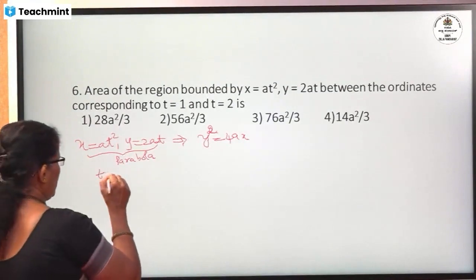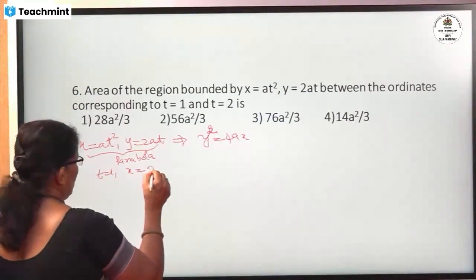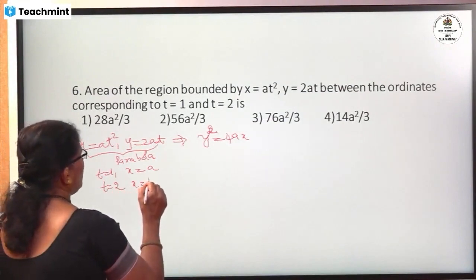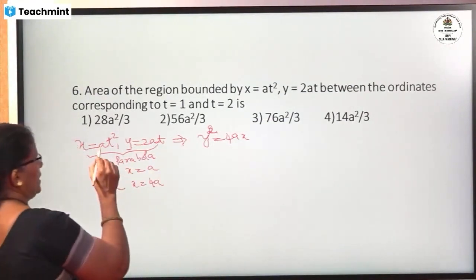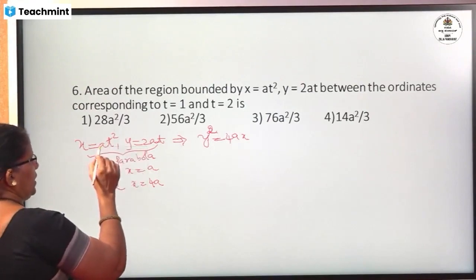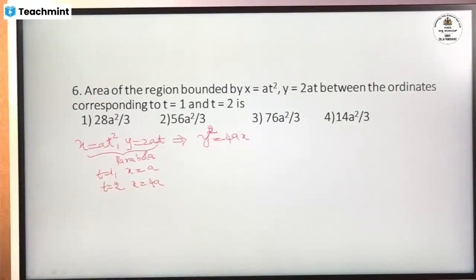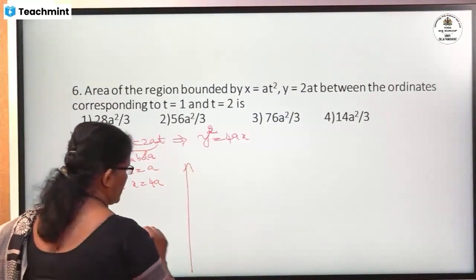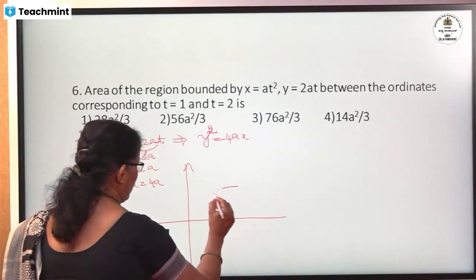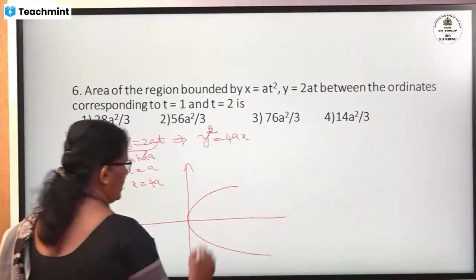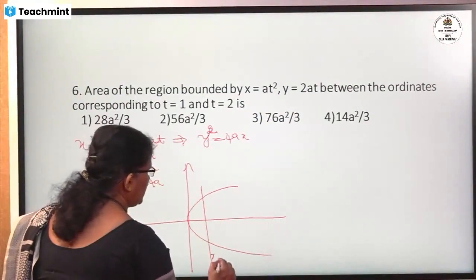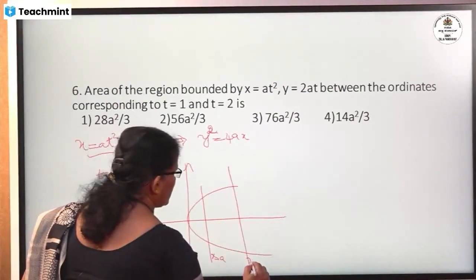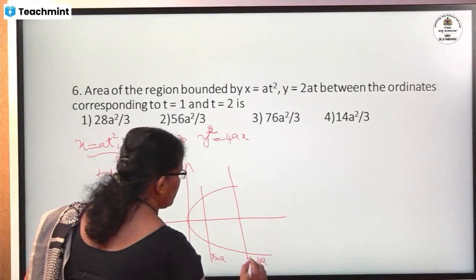And t is 1 means how much will be x? X will be a. T is 2 means x will be 4a, since x is a into t squared, so a into 2 squared, which is 4a. So what you have to find is, this is the parabola y squared equal to 4ax. Let us say this is x equal to a. Let us say this is x equal to 4a.